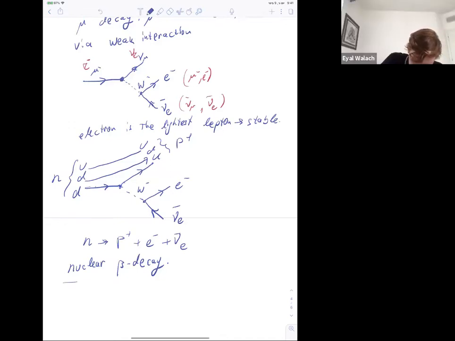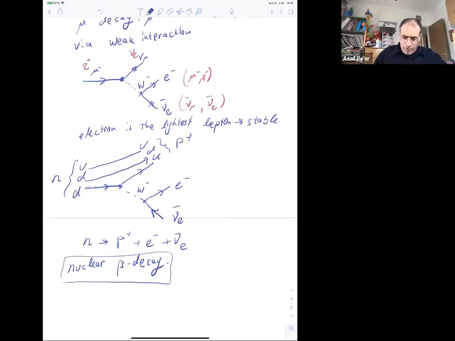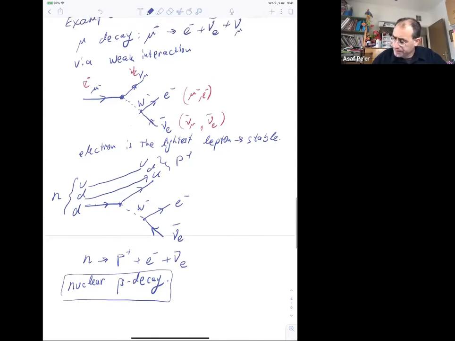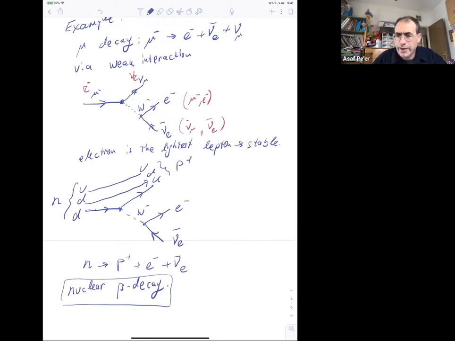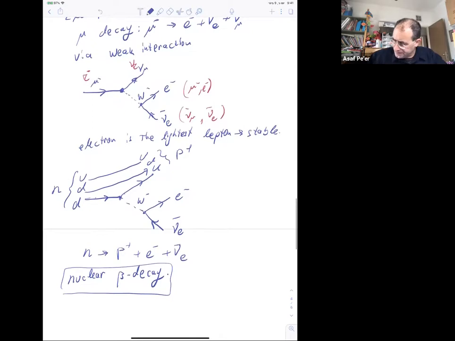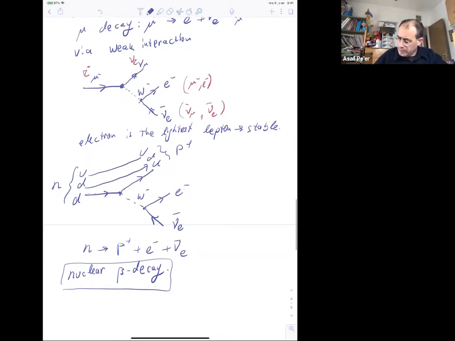This is the nuclear beta decay. Again, it's a weak interaction decay, but the process is the same as we had previously. Okay. Questions? Okay, no questions?